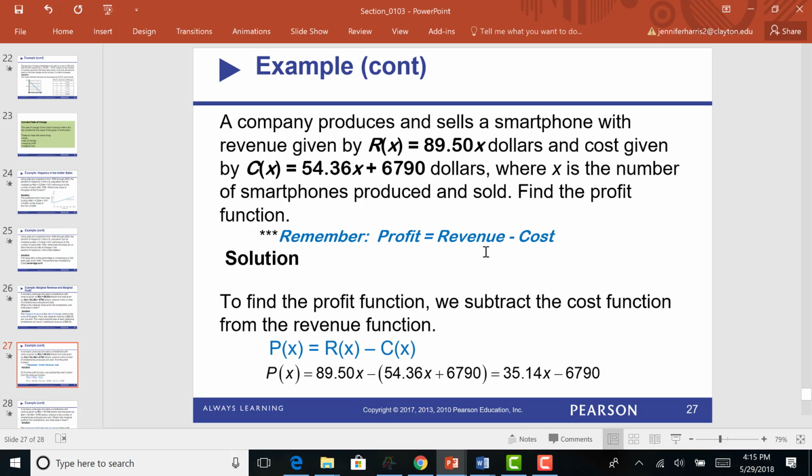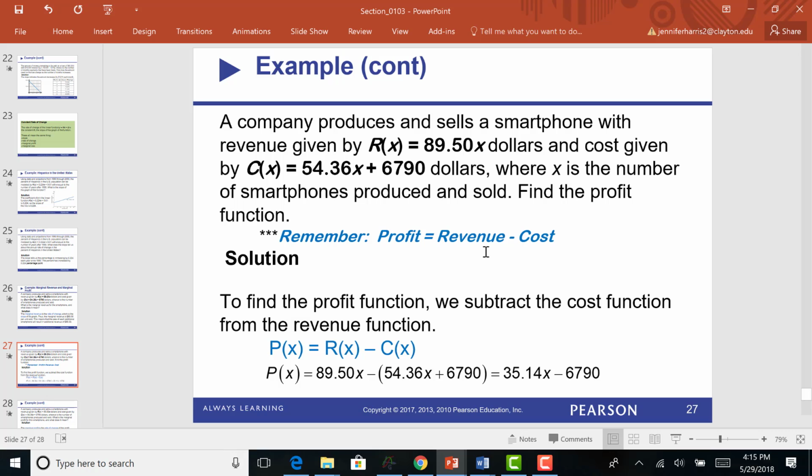What do I do with that minus 6790? Just bring it down. All right. We did all of this work to just figure out what? The profit function. So P of X is equal to 35.14x minus 6790.